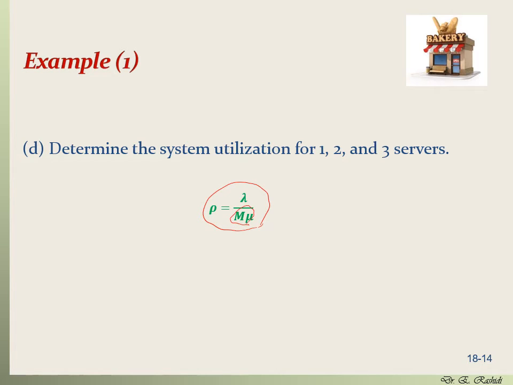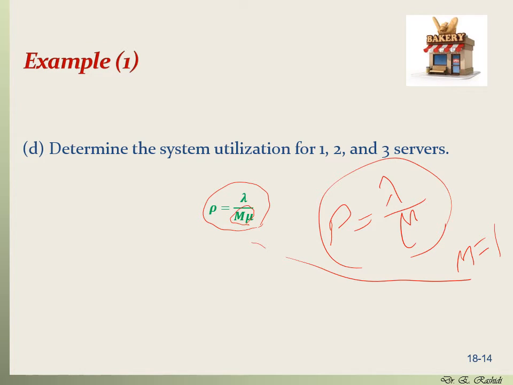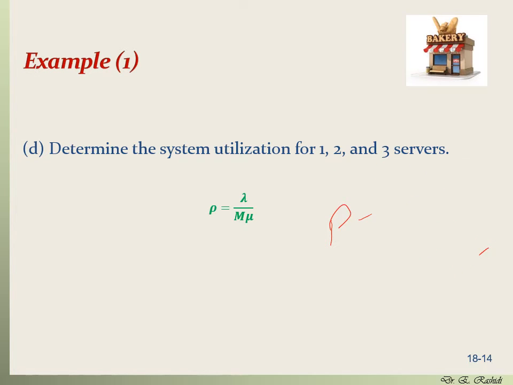So the difference between this formula and the previously known formula, which was rho equal to lambda over mu, is that this is for one server, when m equals 1. But when you have multiple servers, then the formula becomes, you have to include m, the number of servers. So please pause here, use the formula and the given information that you have had so far to compute the utilization of the system.